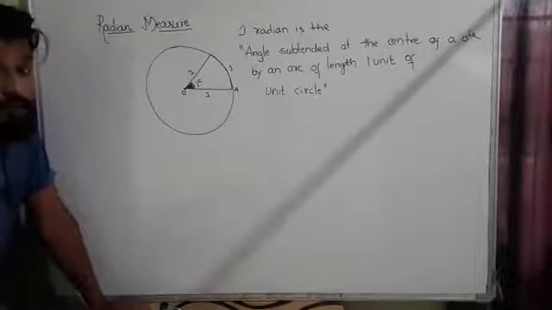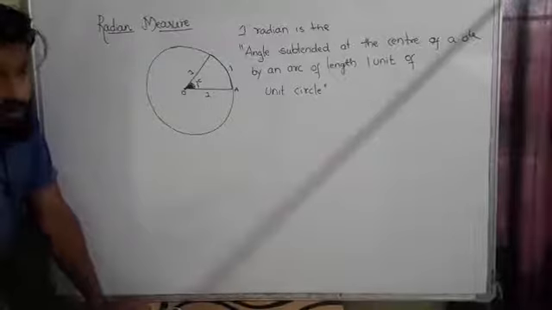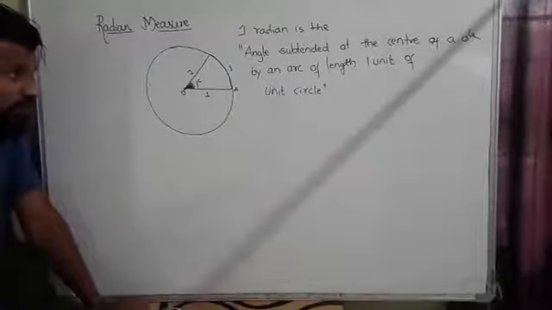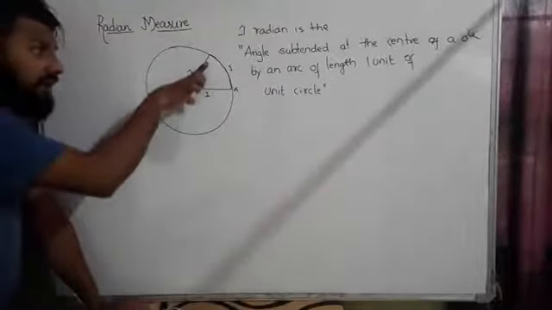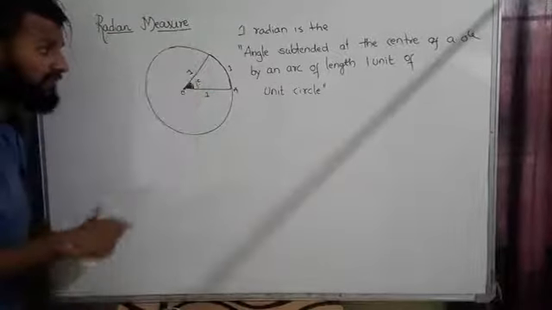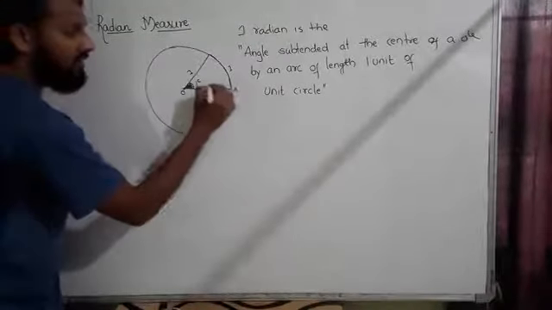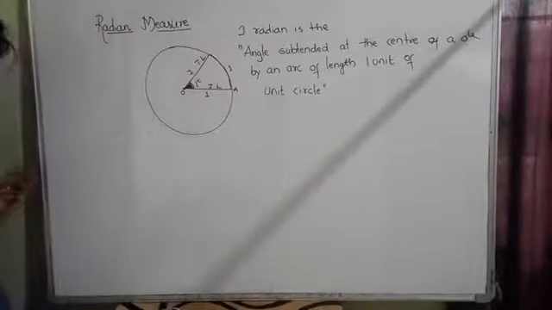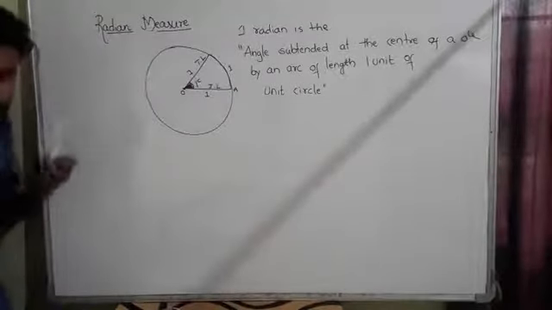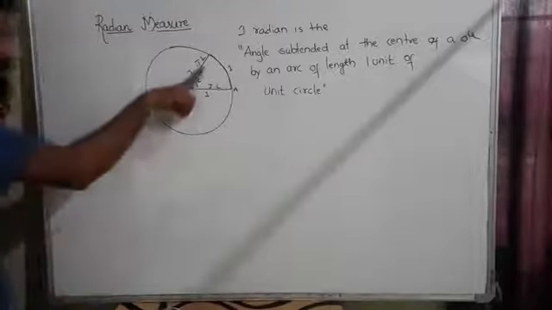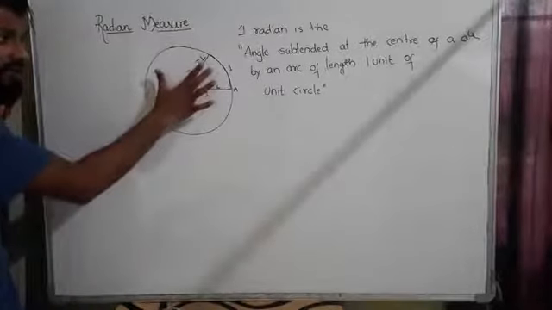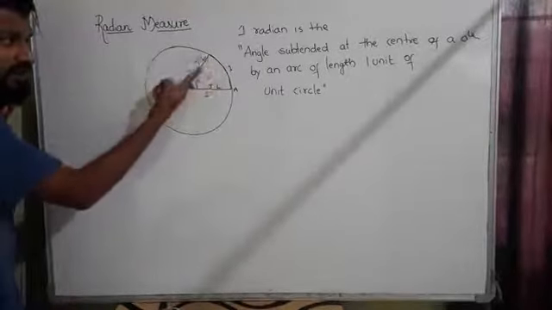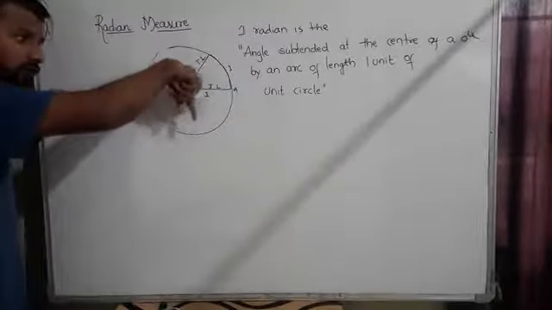So now you may be having one doubt. Let's say this is our initial line and this is the terminal line. Both are radii of the circle, and both will be of 1 unit. Suppose I rotate this terminal line through one full revolution.